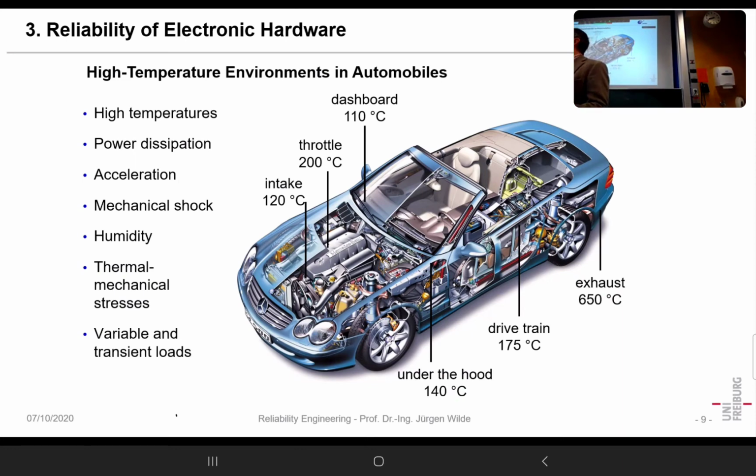That's the reason why you nowadays see cars, they are closed and shut down, and anyway you can hear a strong fan in that car, and that's just the reason to remove the residual heat you have. Okay, on the exhaust itself, you have up to 650 degrees centigrade.